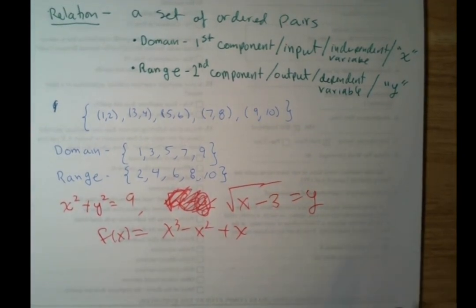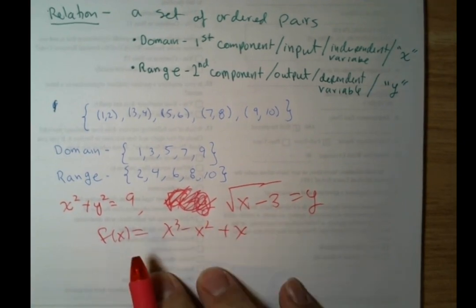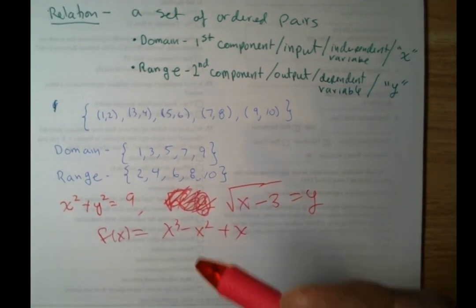Some of them are functions. So how do I know which one is a function, and what makes a function different from a relation? Again, we might not think of these as ordered pairs, but that's exactly what they are.